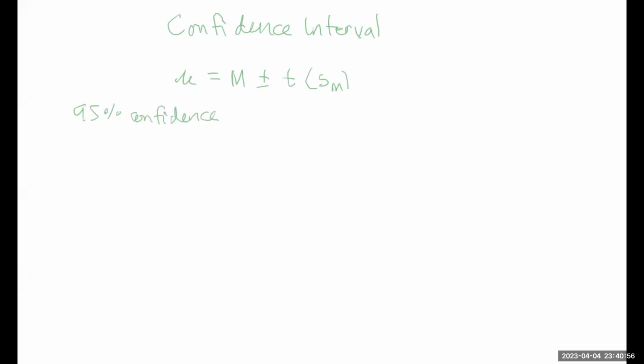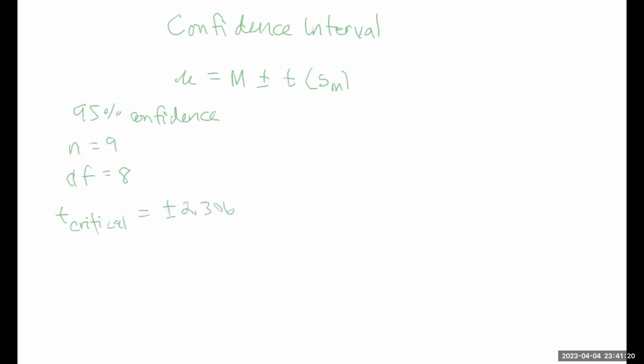So in our example, we had an n of 9. Now we have a degree of freedom of 8. So our t critical was plus or minus 2.306.